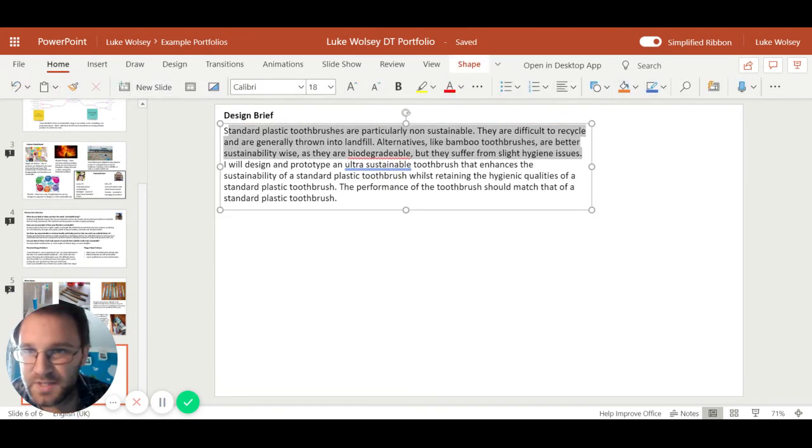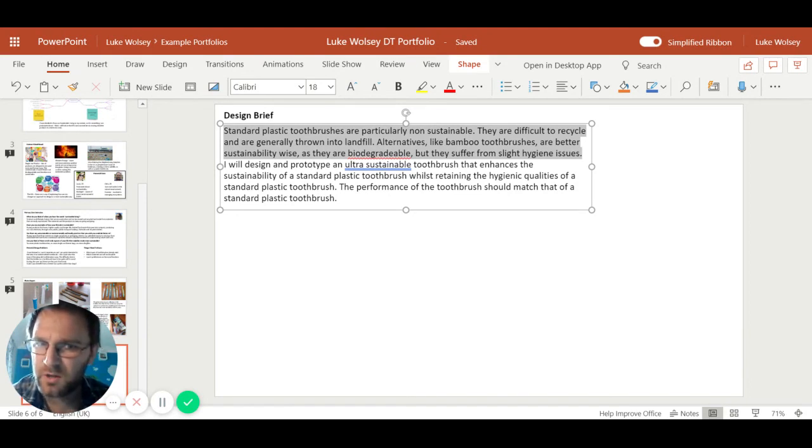In this part, I've stated the problem. I've said this is the issue. My primary user, Laura, has a little bit of an issue with her toothbrushes. She doesn't like using plastic ones because they're not sustainable. The bamboo ones she uses are much more sustainable but not good in other ways. So I am going to design a prototype, one which hopefully is the best sustainable toothbrush in the world.